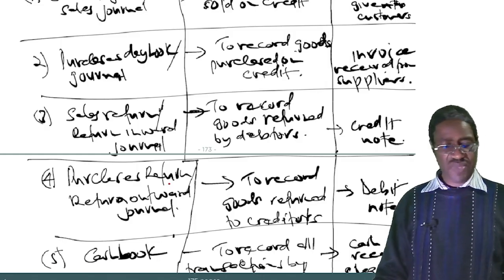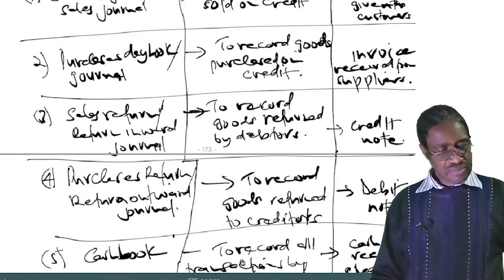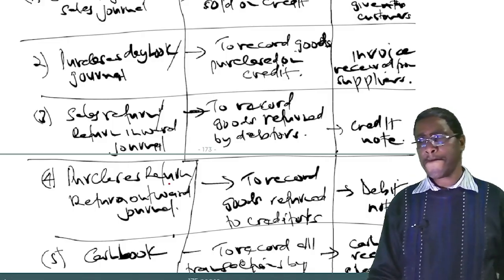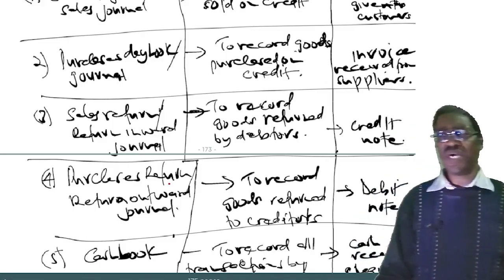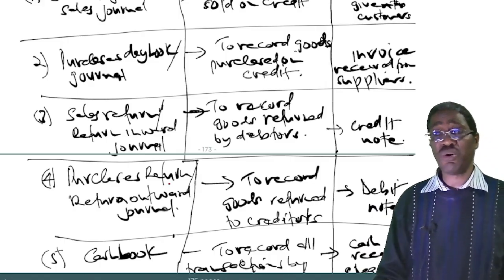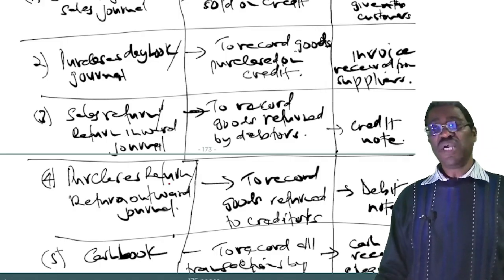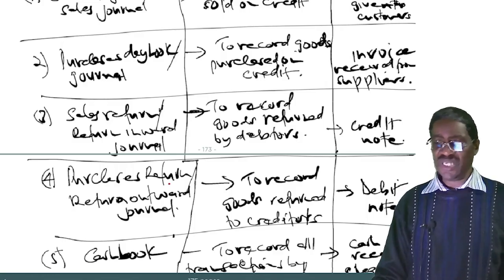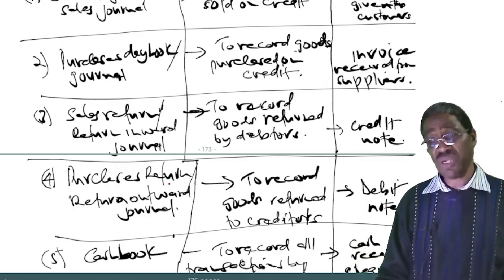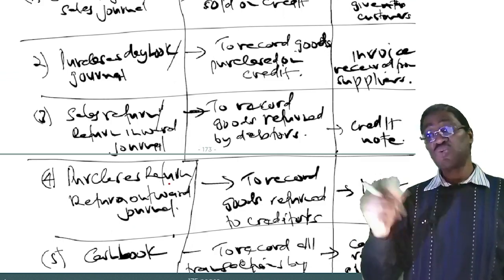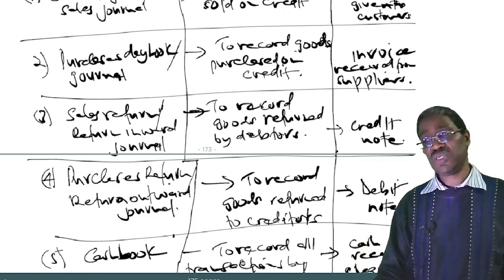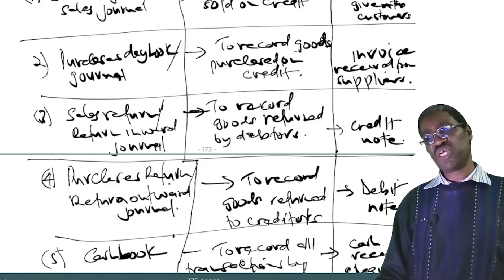Are you there? Good. Okay, we move on. Next column, what is the source document for return inwards daybook? We have said it's a credit note. When a customer returns goods to the business, you reduce what he owes you by crediting his account. So you give him a credit note.